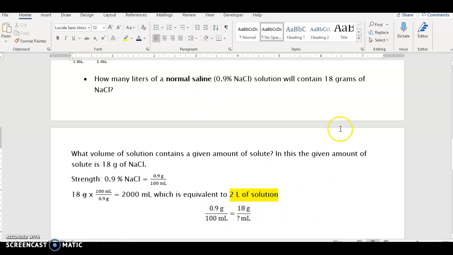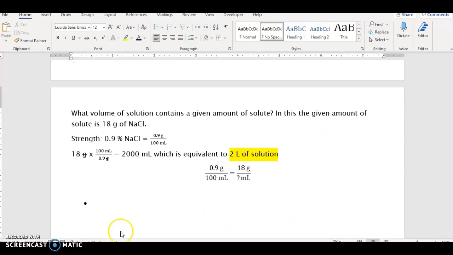Now that we set up this proportion, when you solve any proportion, you cross multiply. So we have question mark milliliters multiplied by 0.9 grams, equal to 100 milliliters multiplied by 18 grams. In just a moment we're going to divide by the 0.9.